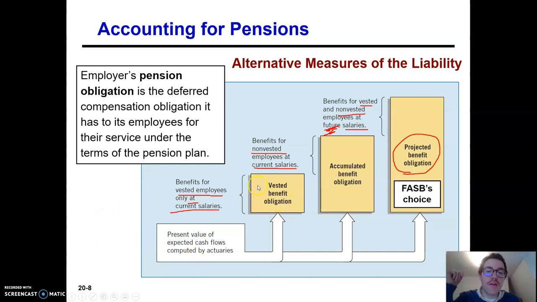You're really assuming that employees' salaries are going to stay at their current levels. That's not realistic. People get raises. So that's what the FASB decided. We're going to calculate the benefits for all employees, whether vested or not, at the predicted future salaries. And that's going to be our measure of the obligation we're going to have.